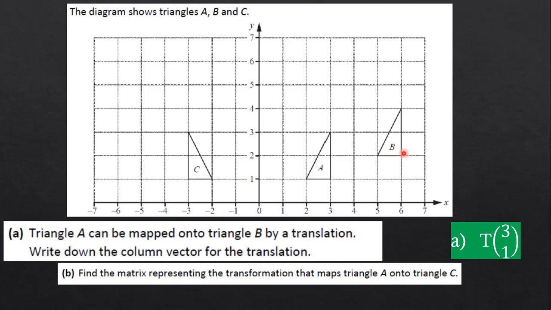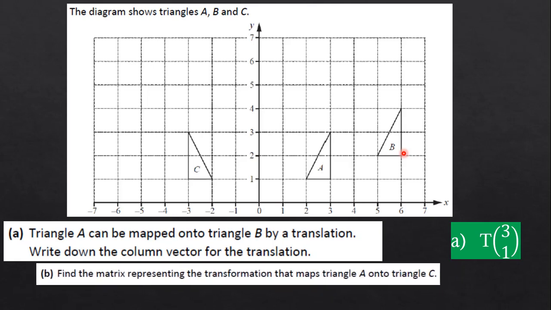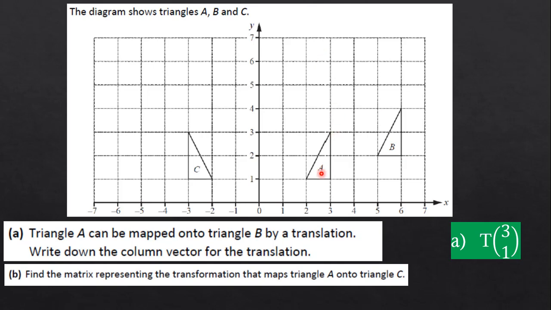What it says: find the matrix representing the transformation that maps A onto the triangle C. Now consider the triangle A in the given figure. And if you see its image, it is mapped onto the triangle C. Students, if you carefully examine it, you can see that this vertex of the triangle A is mapped onto this.